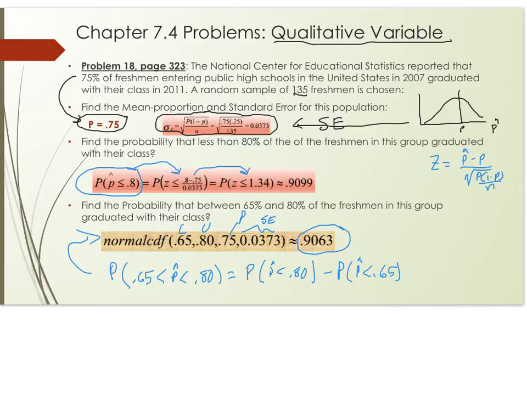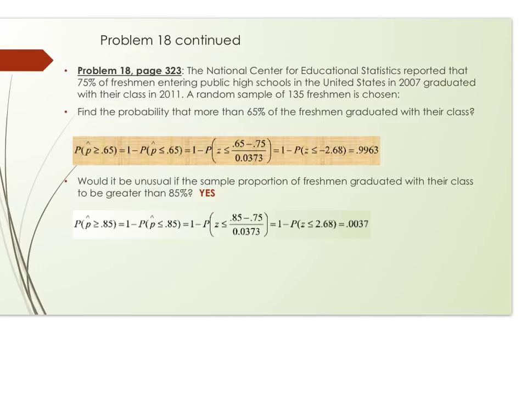So about 90.63% of the samples that are taken show that between 65 and 80% of the freshmen in each of the groups graduated with their classes.